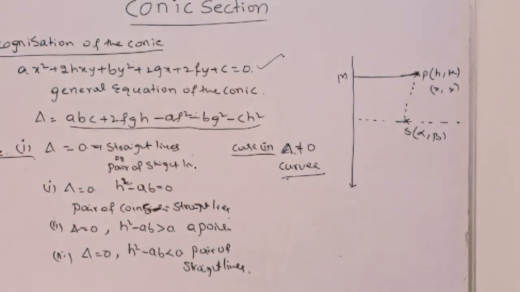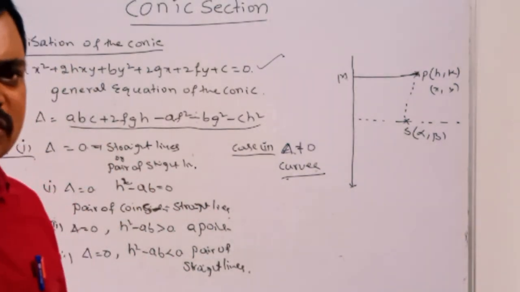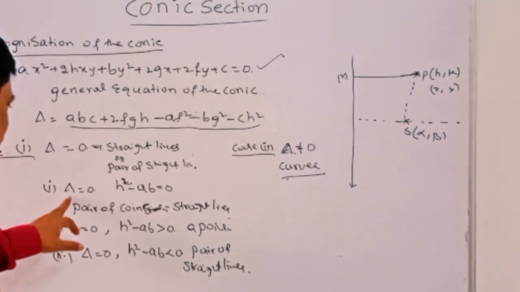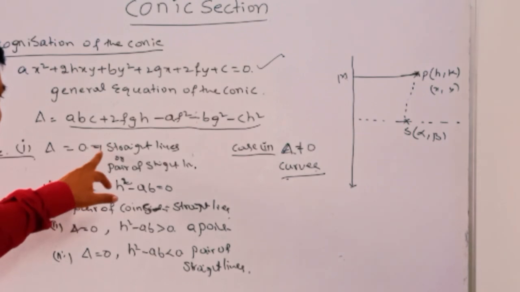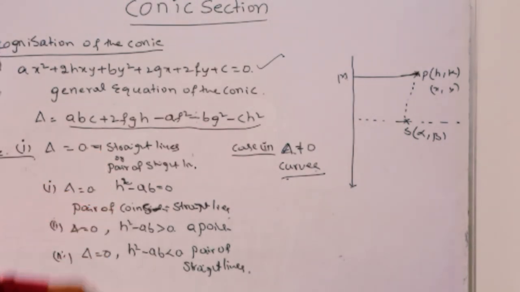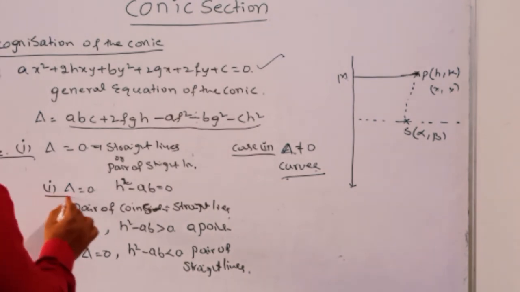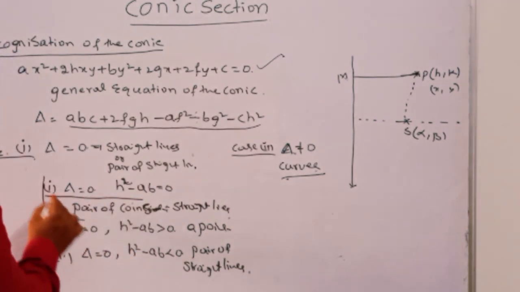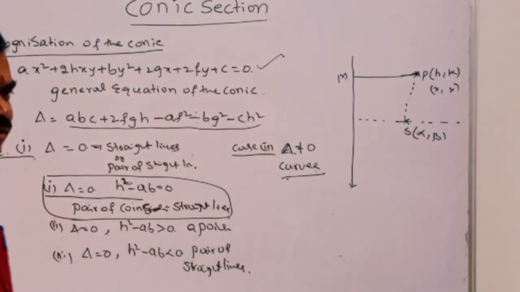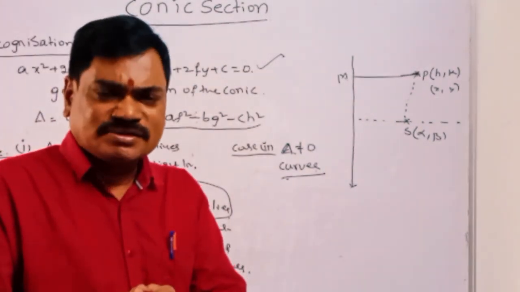Okay, all of you. Here, delta is equal to 0, h square minus ab is equal to 0. Then it represents a coincident straight line.